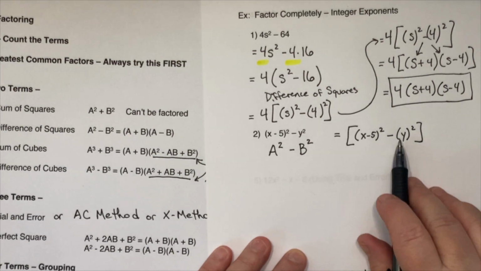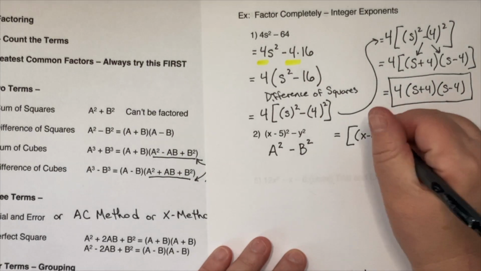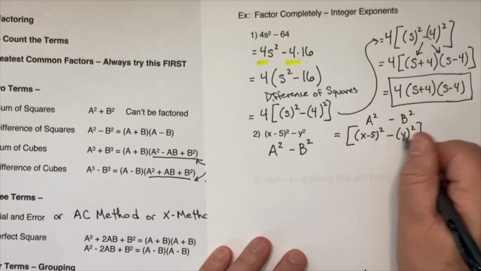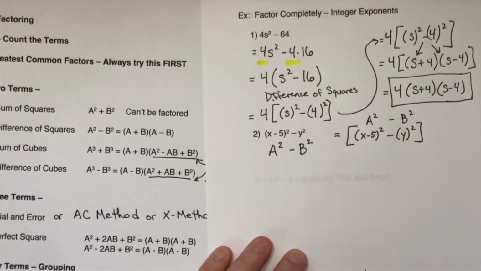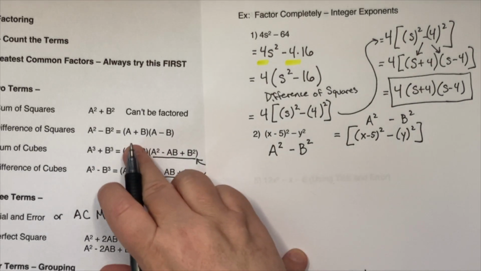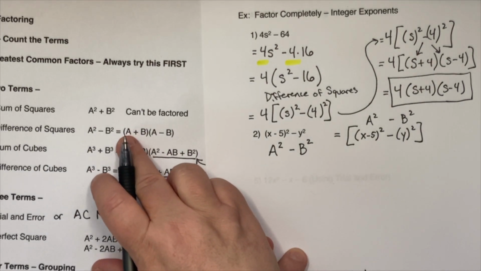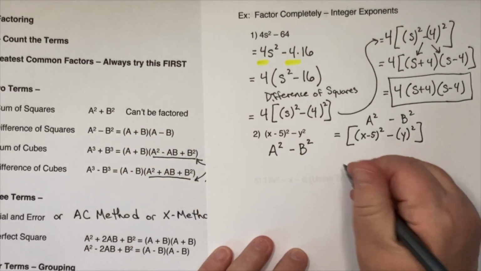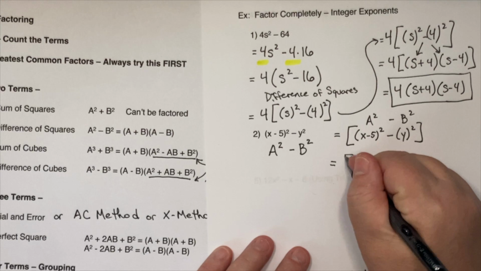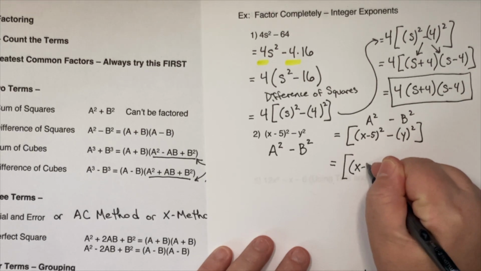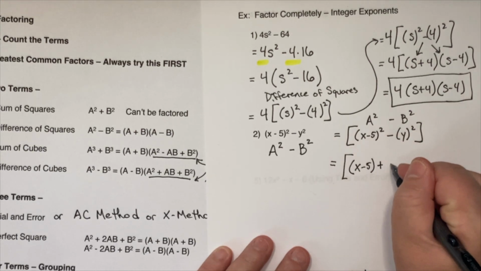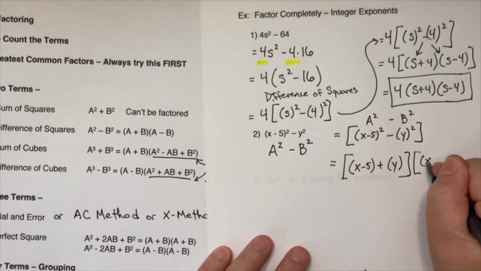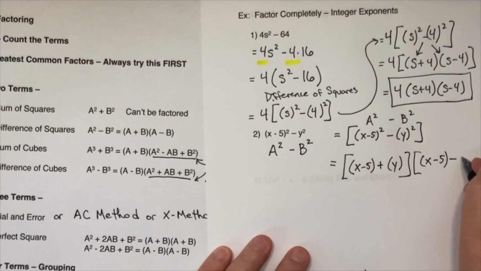And once I put that in parentheses, perhaps it's easier to see that a squared minus b squared. It's something squared minus something else squared format. And that means that I can use this formula to factor as something plus something and something minus something. So what does this look like? This looks like x minus 5 plus y and x minus 5 minus y.